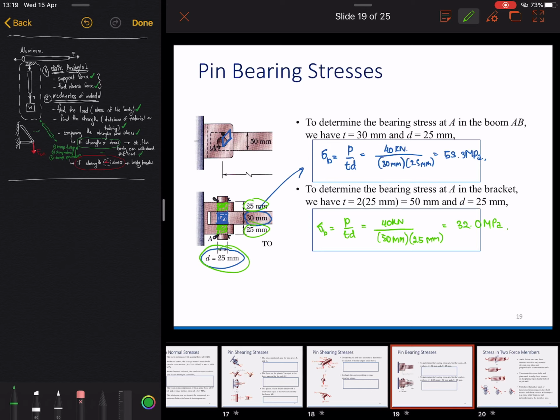So this is done for all the calculation for the stress.